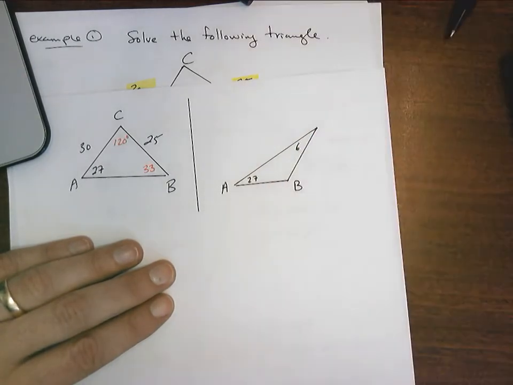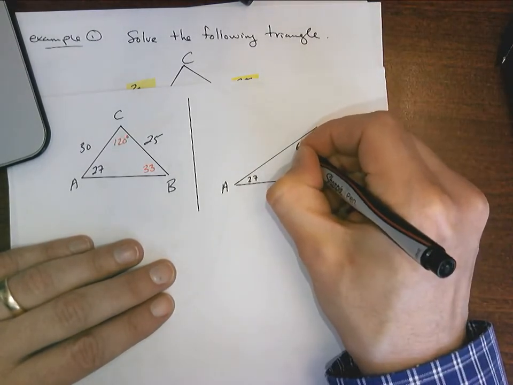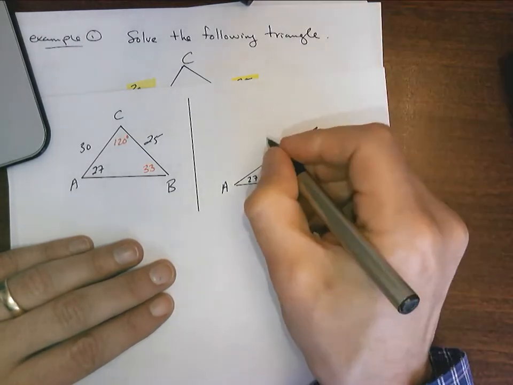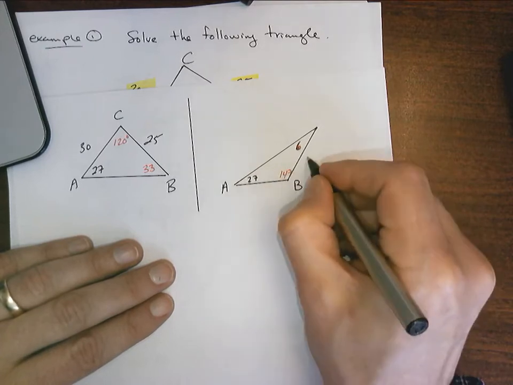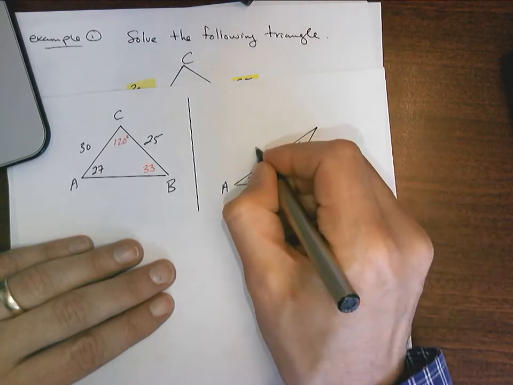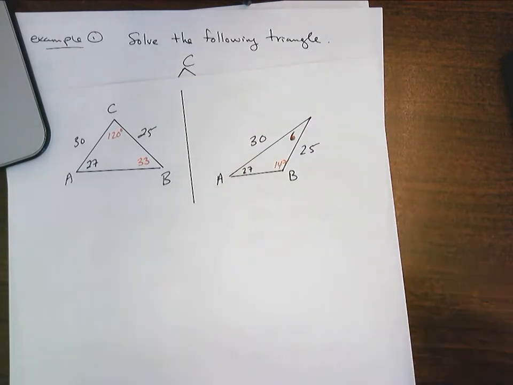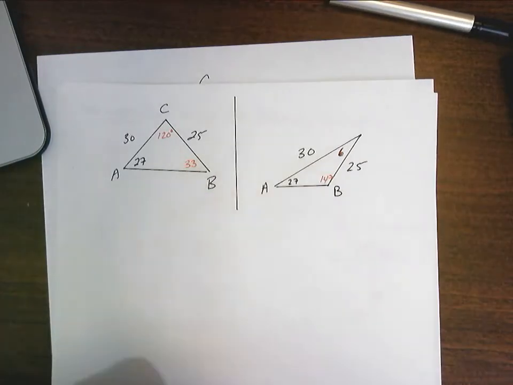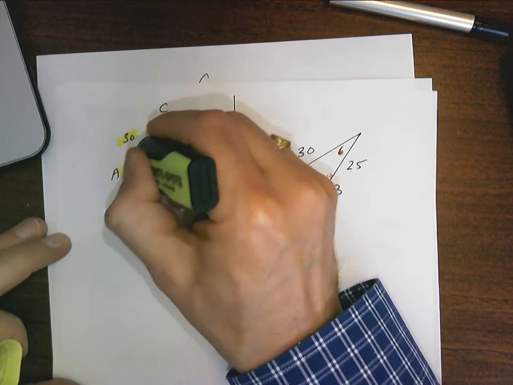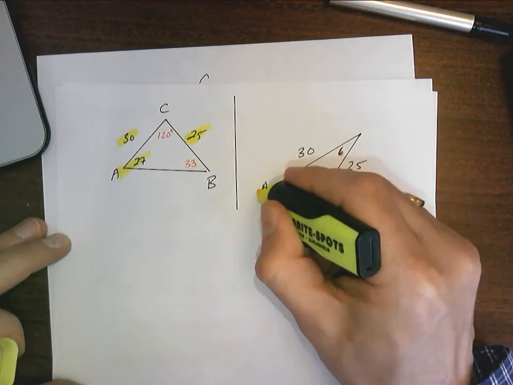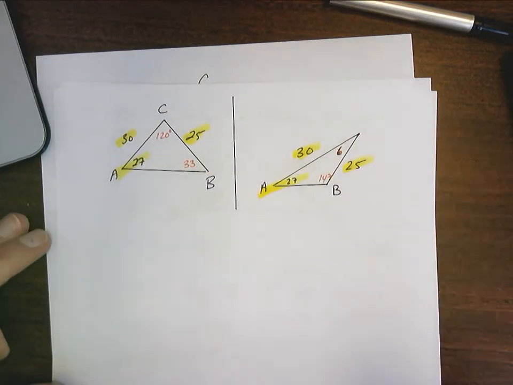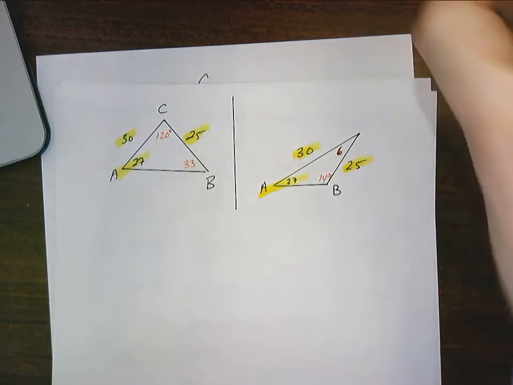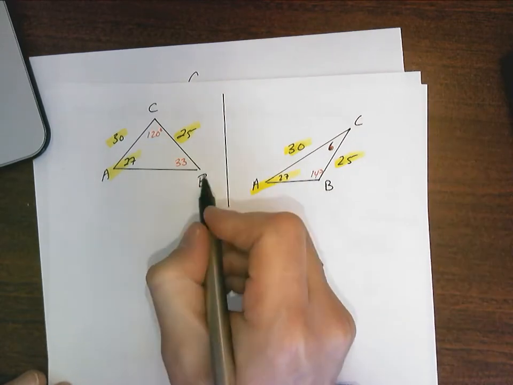So, if I use the same color scheme, that should be a red 6. That should be 147. This is still going to be 25. And this is still going to be 30. So notice that the information that was given, this, and this, are the same for both triangles. And yet I have two very different triangles there. The big difference between the angles is also going to be this side length C.